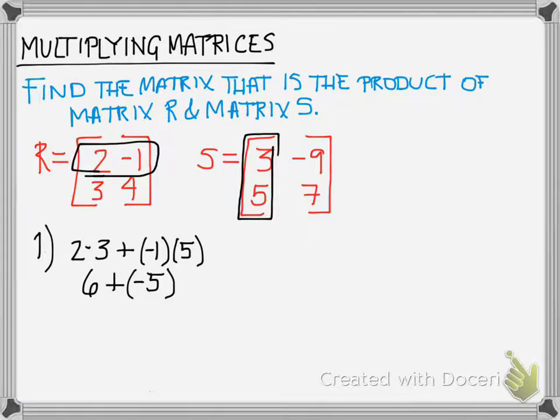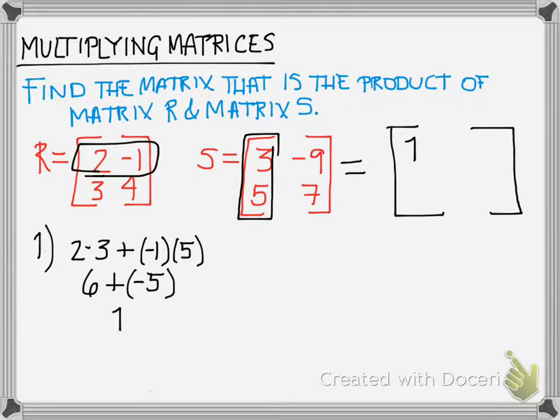And when we simplify this, it goes to basically 6 minus 5, which gives us 1. So for our answer, we're going to have a matrix that'll be the same dimensions as the two we're multiplying, and so for our top left we will have 1.